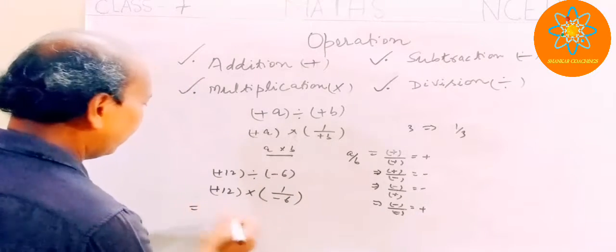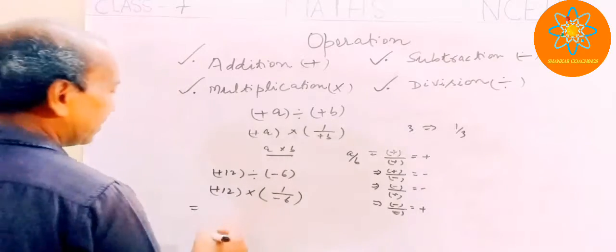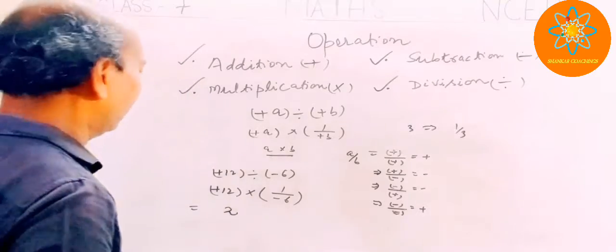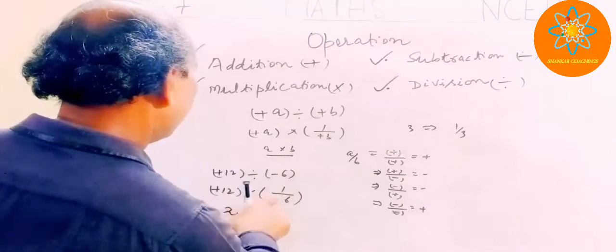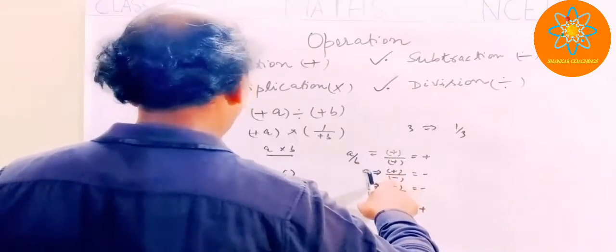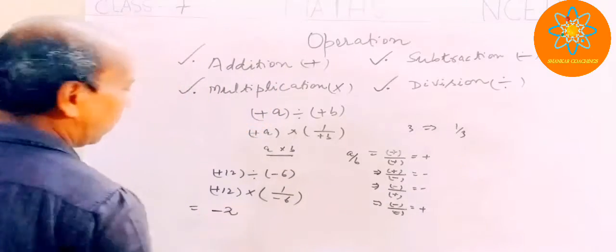And then I will divide simply 12 by 6. So 12 by 6, I am getting 2. Now this is plus and here it is minus. Different sign, so it is negative. So this is minus 2.